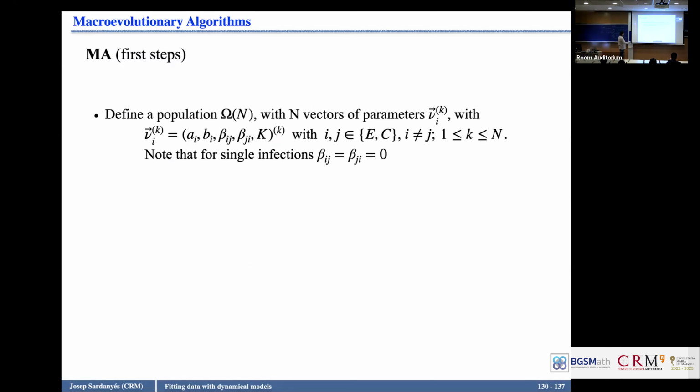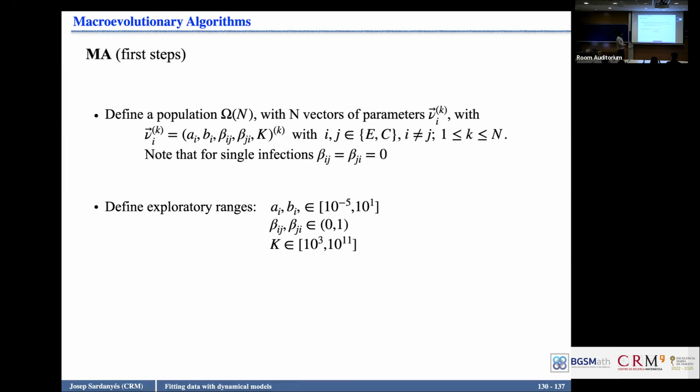This is the P, the previous P, where the vectors are given by the two values of the function for the replication that make this shape, this relation between replication and temperature, the competition coefficients and the carrying capacity, and K is the individual of the population from 0 to n. Of course, here for single infections, we consider that beta ij with i different from j are 0 because we don't have interspecific competition.